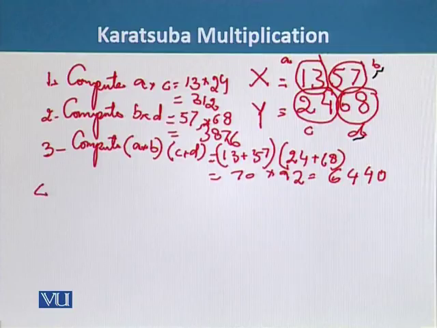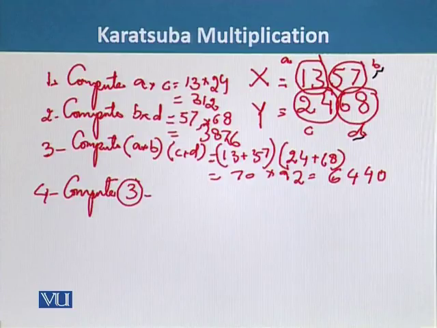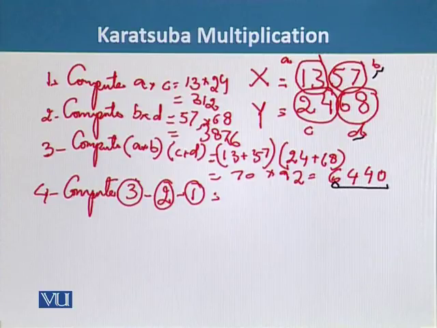The fourth step in this interesting algorithm is we will compute, in such a manner, step number 3 minus step number 2, minus step number 1. That is, from the answer of step 3 we subtract 2, and then subtract 1. In the third step we got the answer 6440.